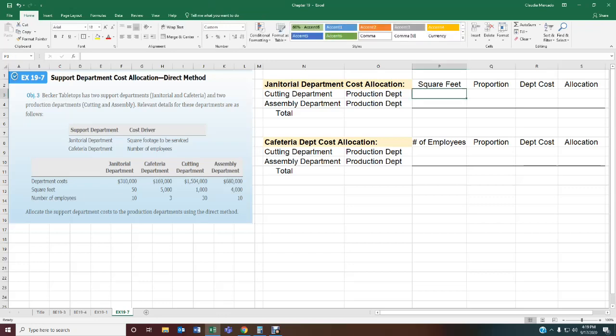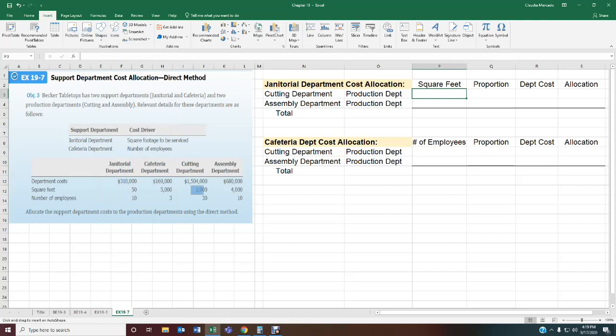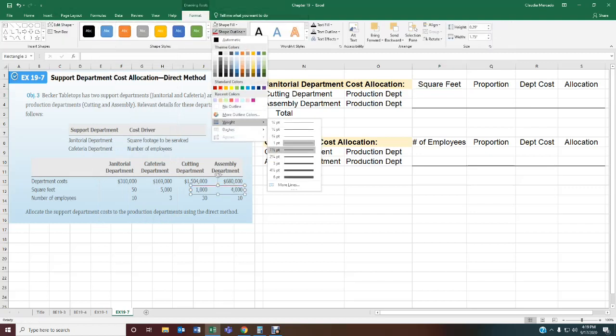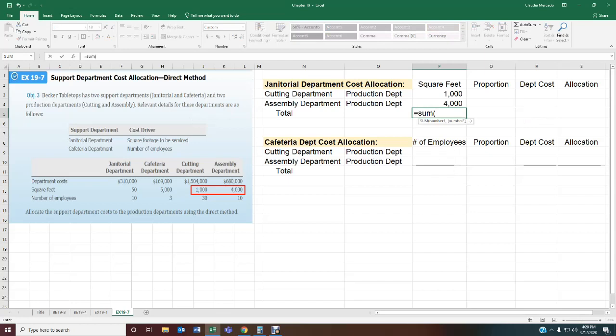Those are my square feet. For cutting, I have 1,000. For assembly, I've got 4,000. And we're going to get our total, and we need the total to be able to calculate our proportion.